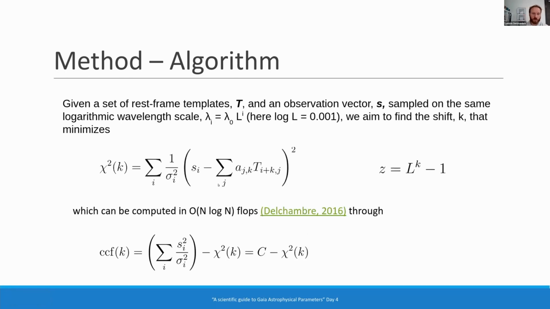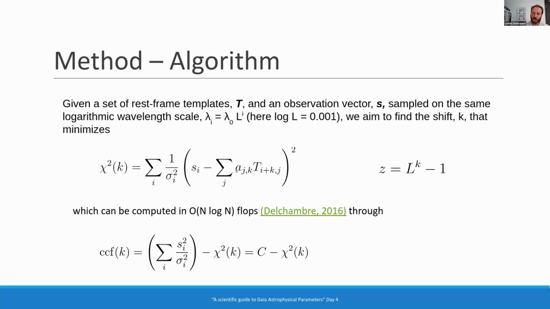So once we know that, it's quite simple to think that if we have rest-frame templates and an observation vector that are sampled on the same logarithmic wavelength scale, where L is the logarithmic wavelength sampling and lambda 0 is the reference wavelength, then we would like to find the shift to apply to those templates in order for the shifted templates to match the observation in a chi-square sense.